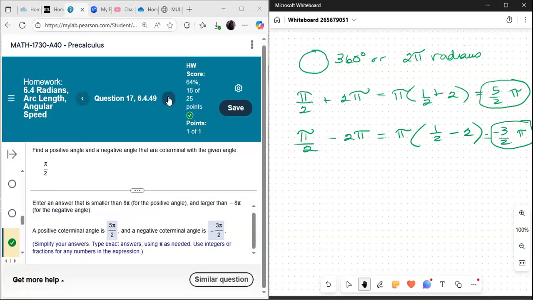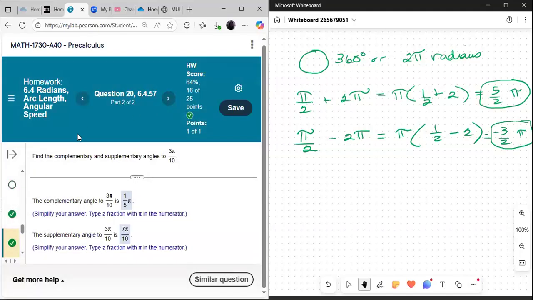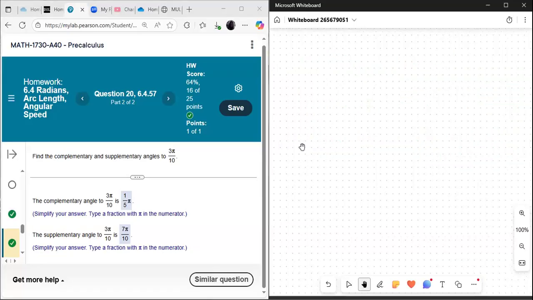Next one we'll look at is number 20. It says find the complementary and supplementary angles to 3 pi over 10. To find the complementary angle, we subtract it from 90 degrees, or if we want to convert that to radians, we take 90 times pi over 180, and we get pi over 2 radians.